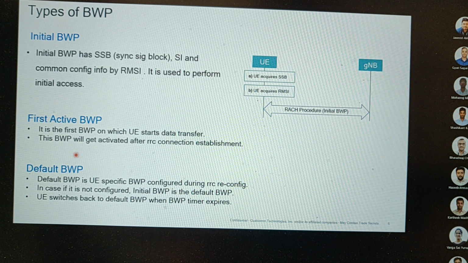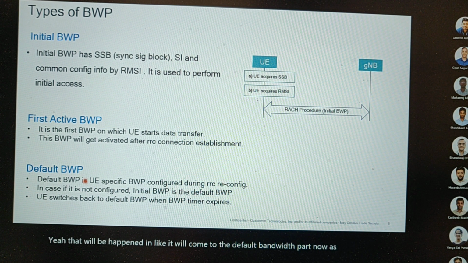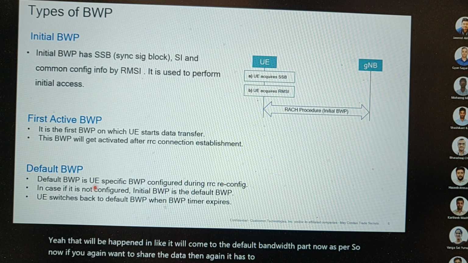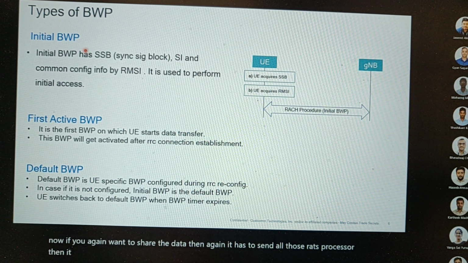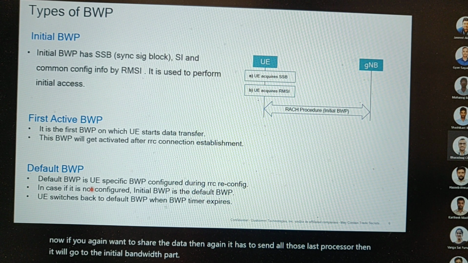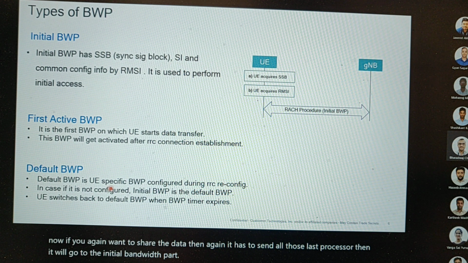If you again want to share data, it has to send the whole RACH procedure again, and then it will go to the initial bandwidth part. The default BWP is a UE specific BWP. In case it is not configured, the initial BWP can also be the default BWP.